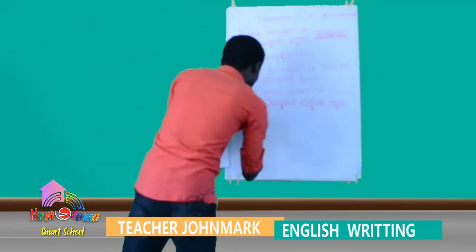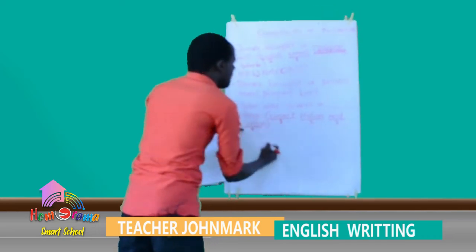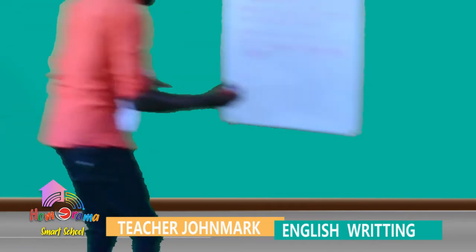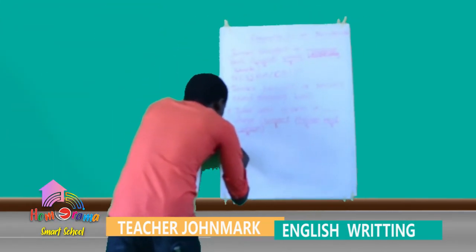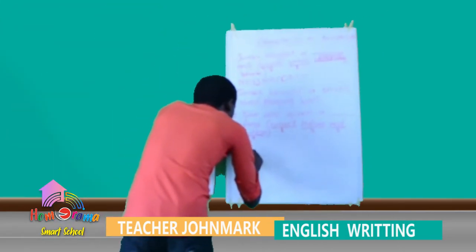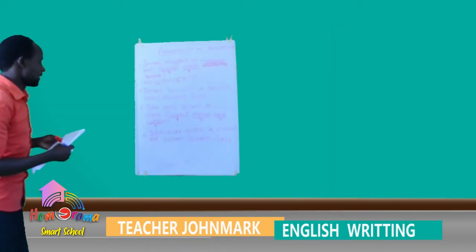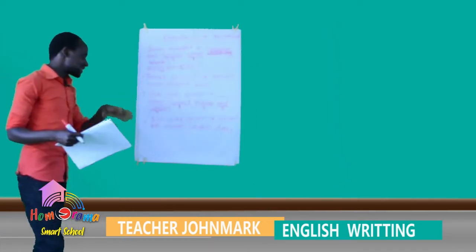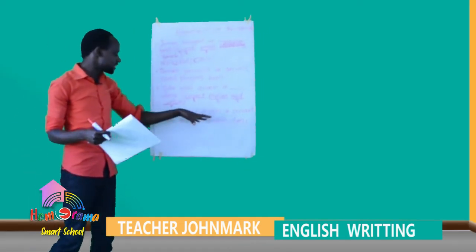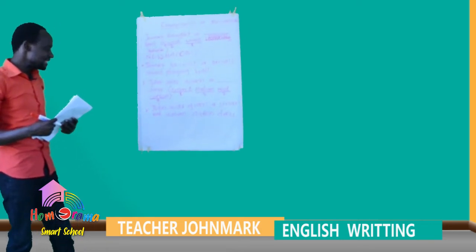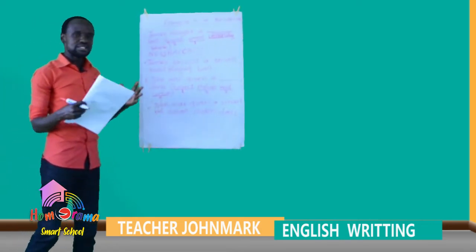So this will be adjective number 4. But this time round, we do not have purpose. So our sentence now will read, John was given a smart red Italian cotton dress.